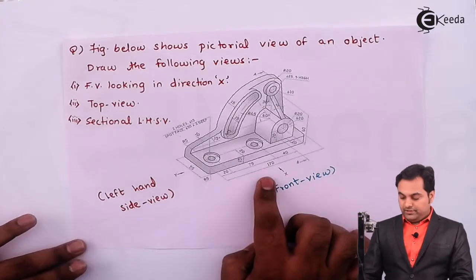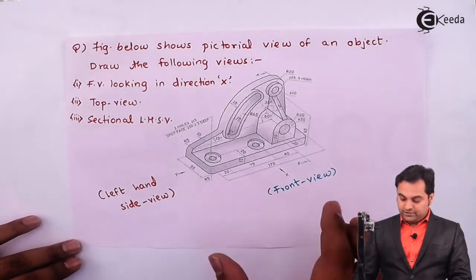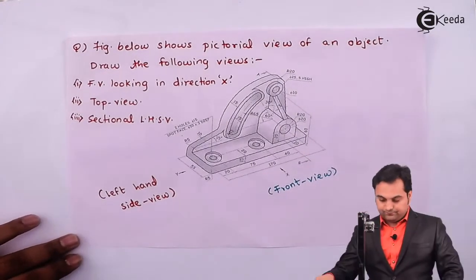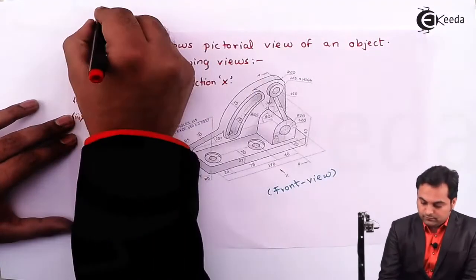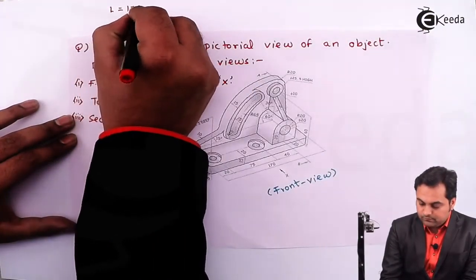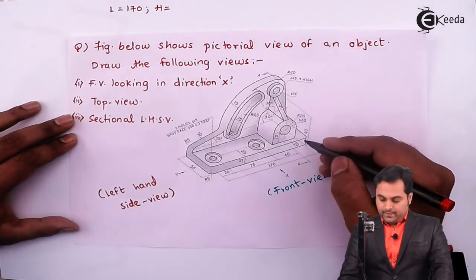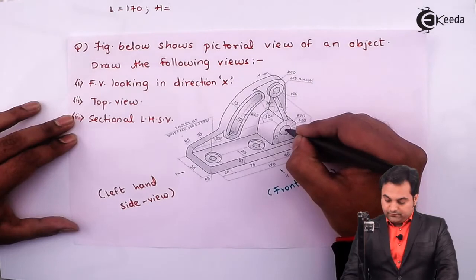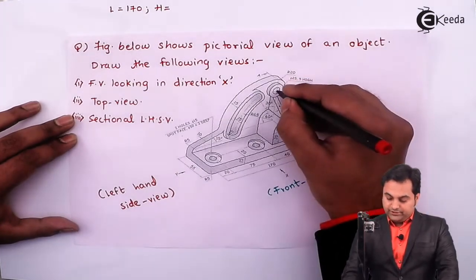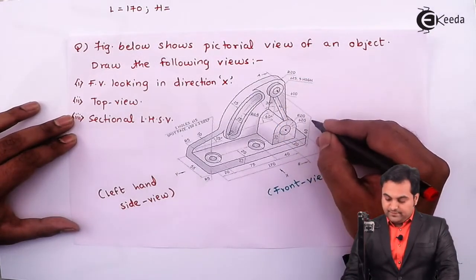So when I am looking along X direction, the length of the object is 170 mm. Then the height of the object is, here the distance is given from the center to center, that is 60 mm.